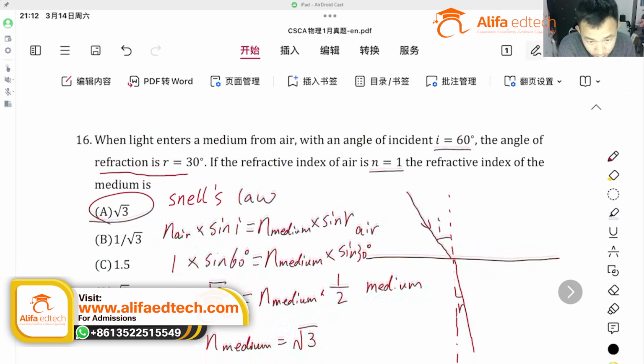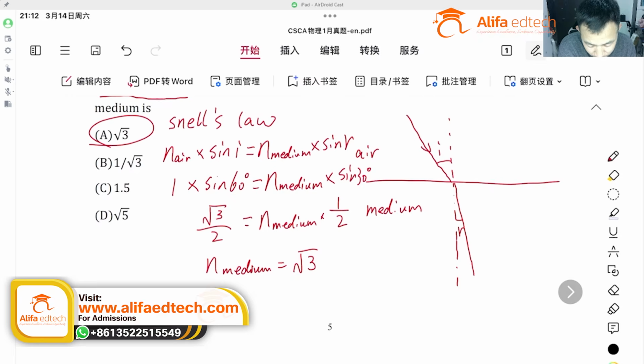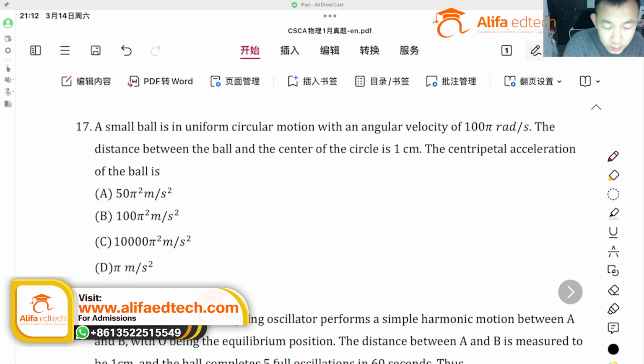Okay, let's continue. Question 17 says a small ball is in uniform circular motion with an angular velocity of 100 pi rad per second.